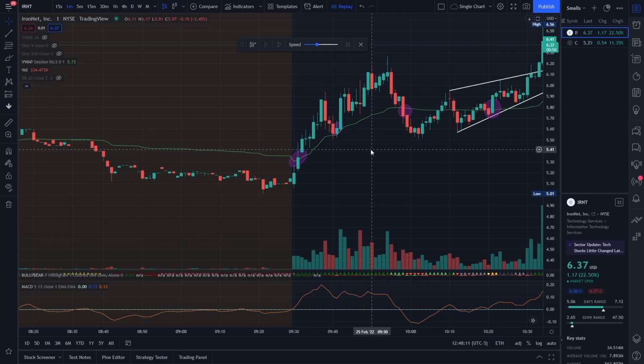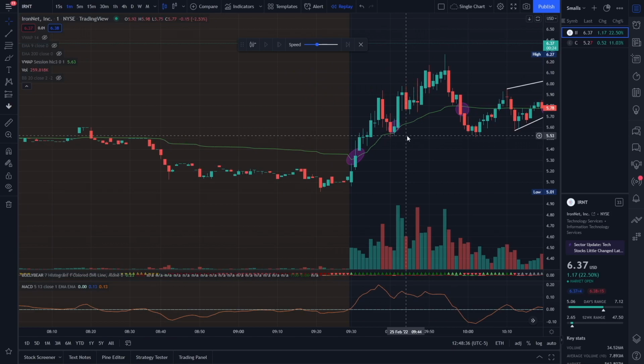I tend to find that bounces work less of the time, but they still work. So you just have to use other indicators like volume, MACD, and things like that, which we'll also be going over in a later video. But we're going to focus on just how to play strictly using VWAP and volume today.